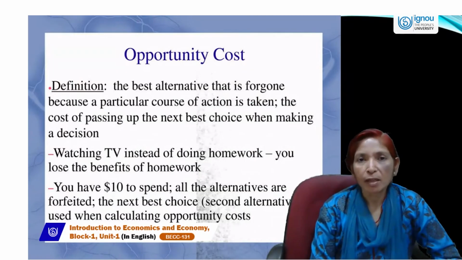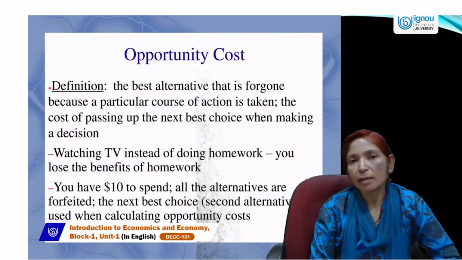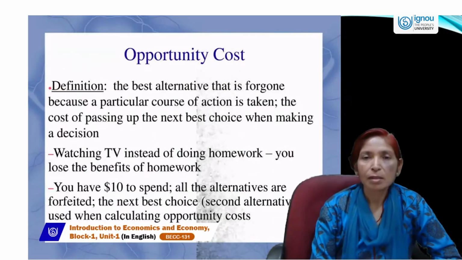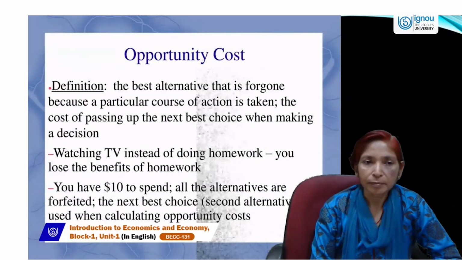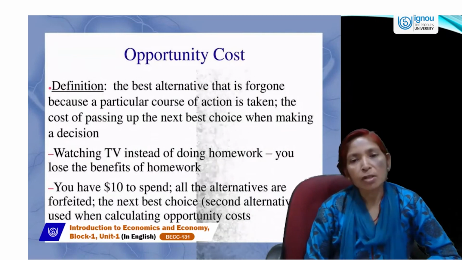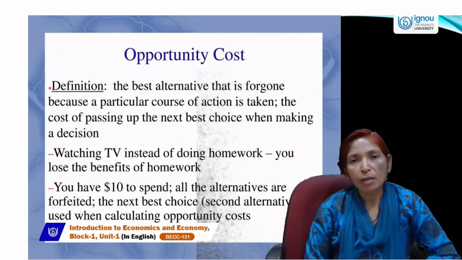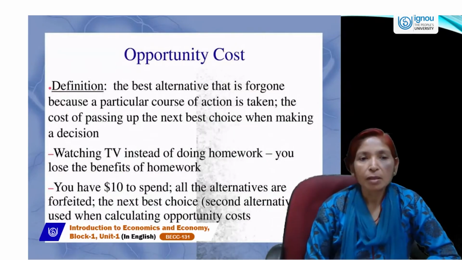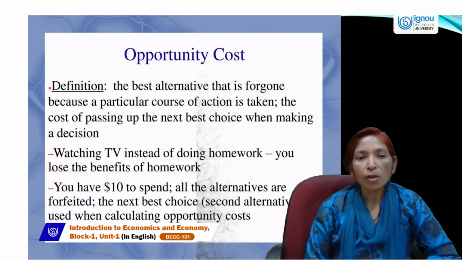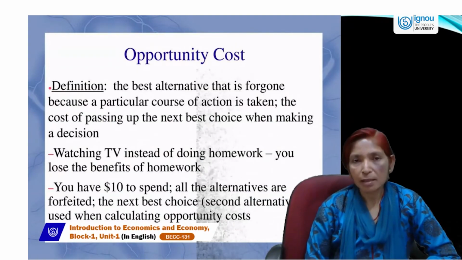If we want to fulfill one desire, then we have to sacrifice another desire because resources are limited. So, opportunity cost can be defined as the best alternative that is foregone because a particular course of action is taken. The cost of passing up the next best choice when making a decision.